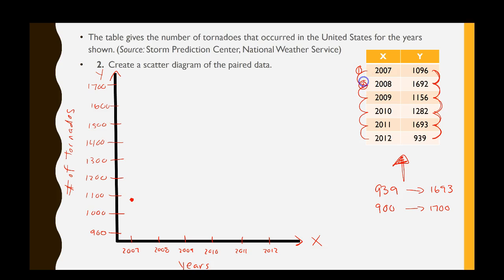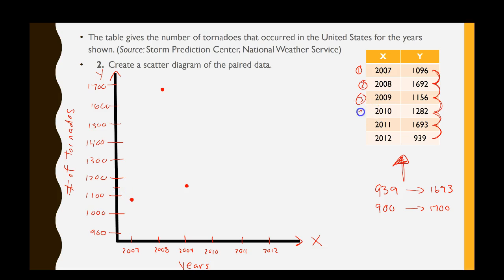Then 2008 is 1692, so that one's way up here by the 1700, so we'll put it up here. All right, 2009 is 1156, so that's a little less than 12, so we'll put it down here roughly. Yeah, it's a little bit more than half, right?